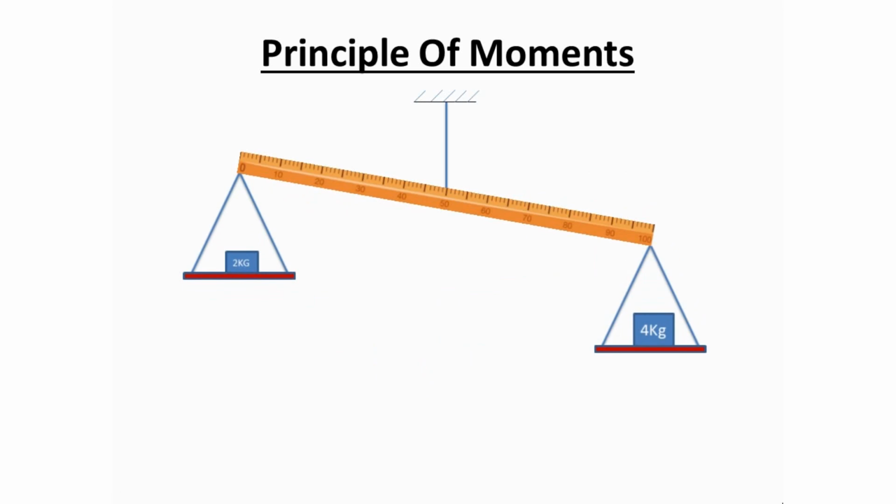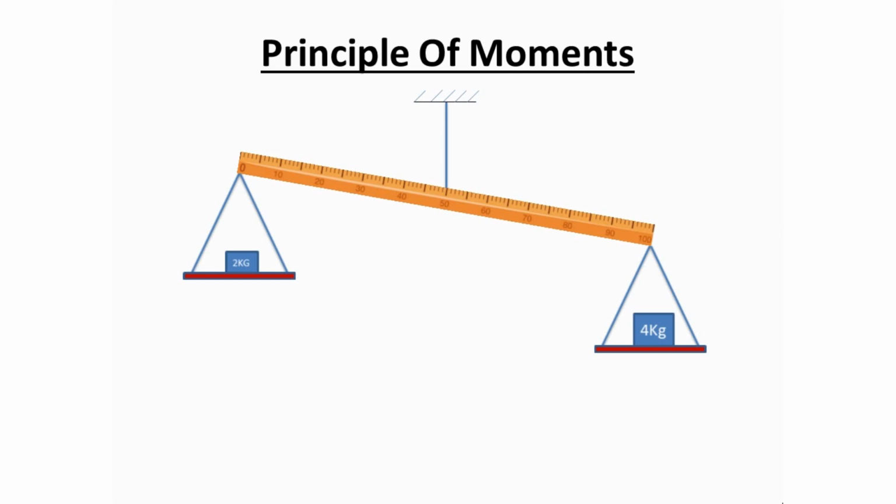This happens because the weight W2, 4 kg, is more compared to the weight W1, that is 2 kg. That is, the clockwise movement due to the force of 4 kg mass is more compared to the anticlockwise movement due to the force of 2 kg weight. Let's calculate.